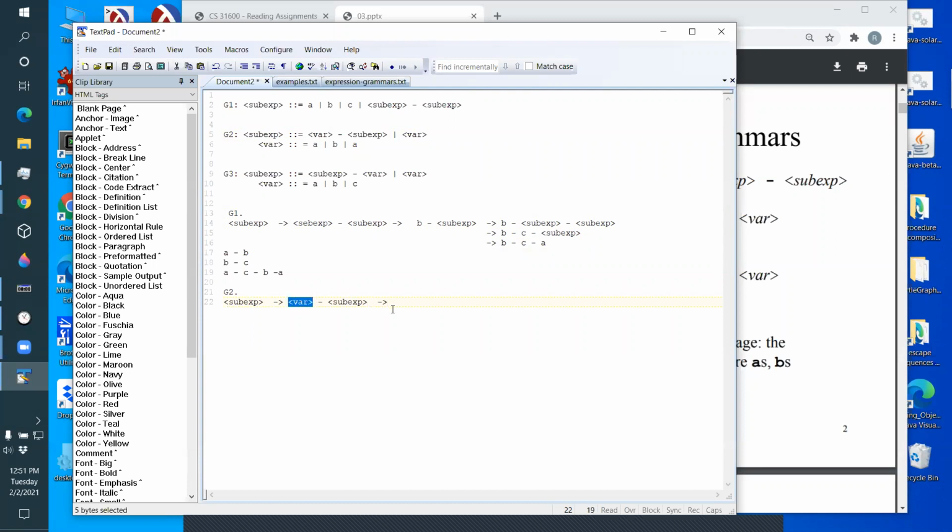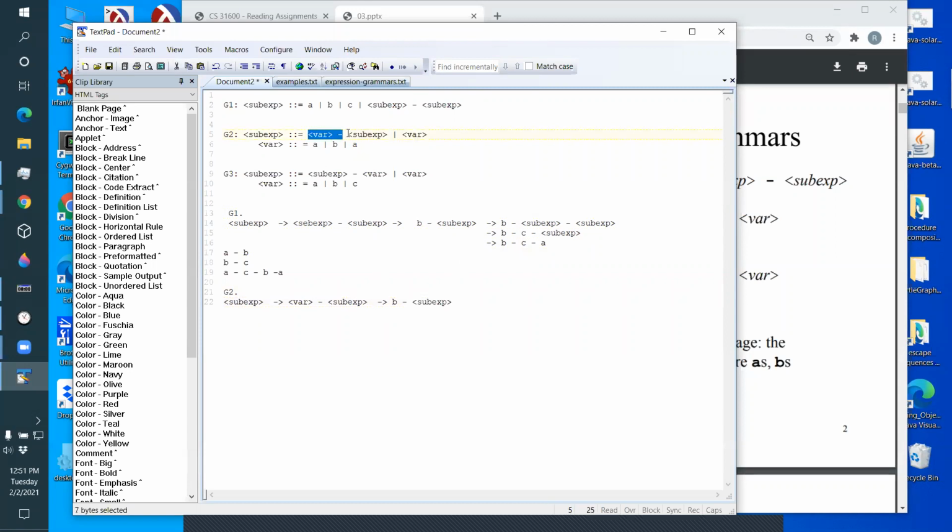It has to become either A, B, or C. So I'll make it B. And then I've got this sub-expression. Now what can this expand into? It can expand into either this or a variable.